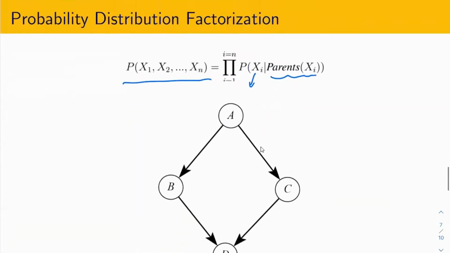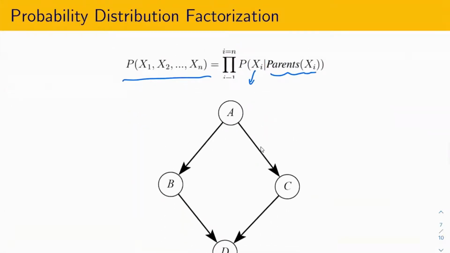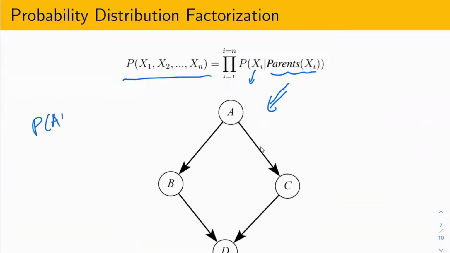Now, if it's still very abstract, let's take a look at this equation. We want to apply it here. How do we do that? You can start from any node in a graph, no worries. But my suggestion to you is to start from the root node. What is a root node? It's a node that doesn't have any parents. So node A, start from node A, right? You write P of A. You don't even need to look at this equation.